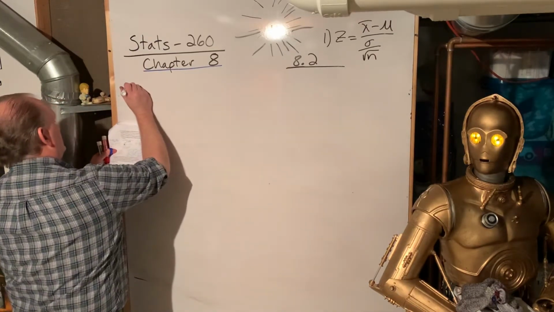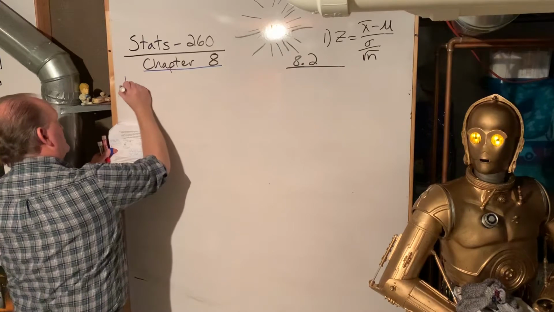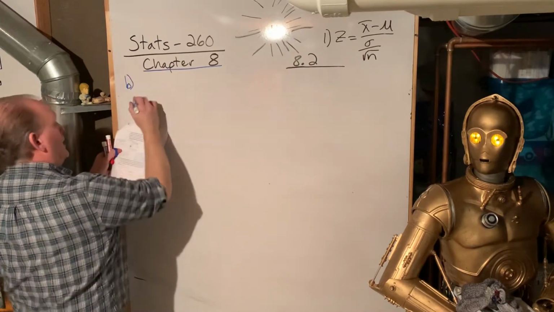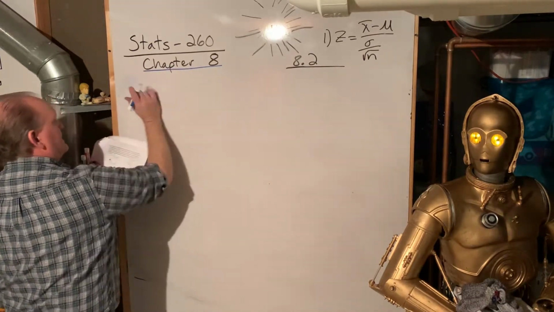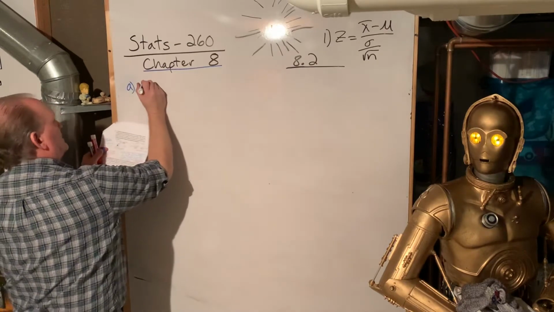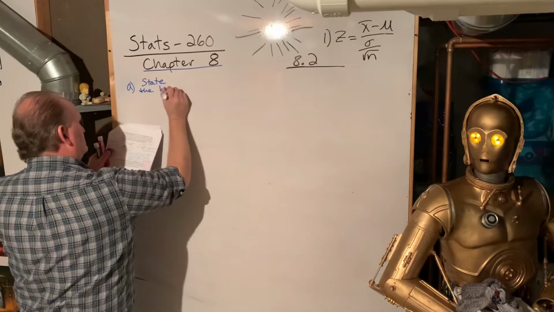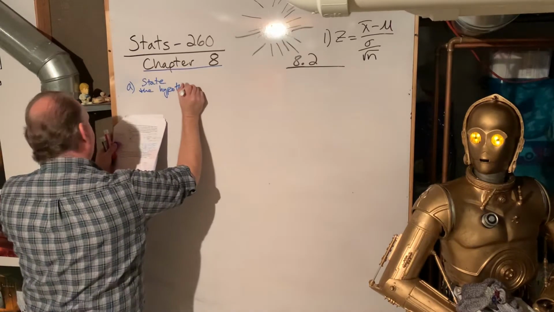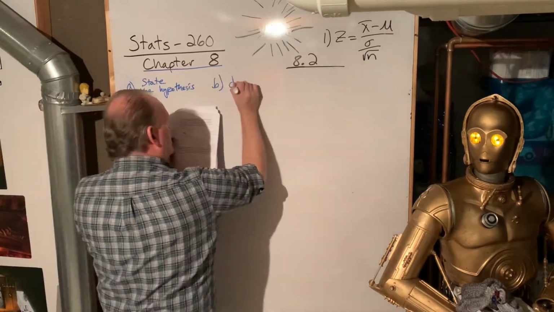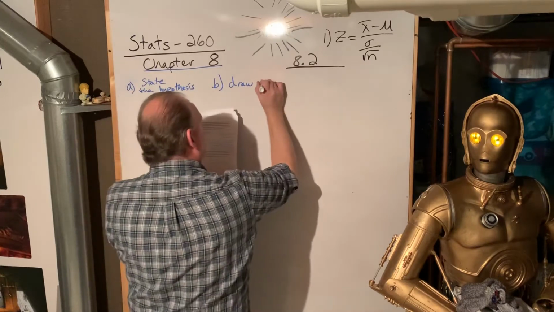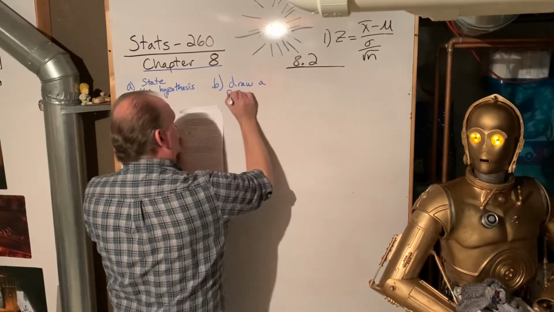So, this is letter B. It's a second example. I'm not going to put that down, though. Let's go A. State the hypothesis. B. Draw a curve.